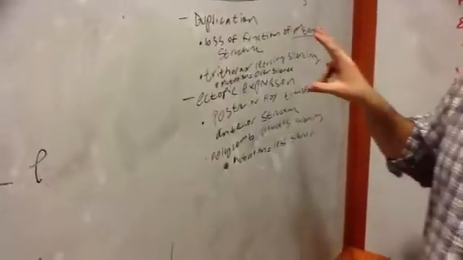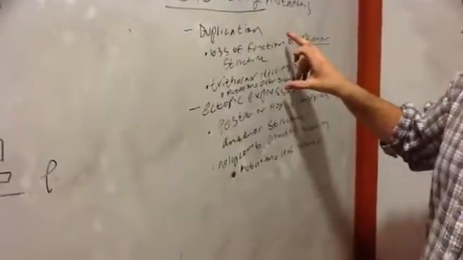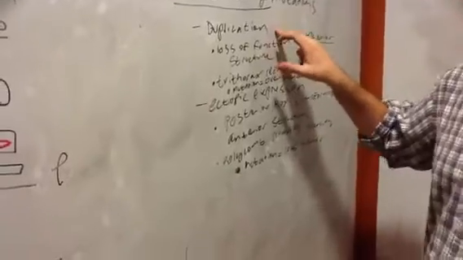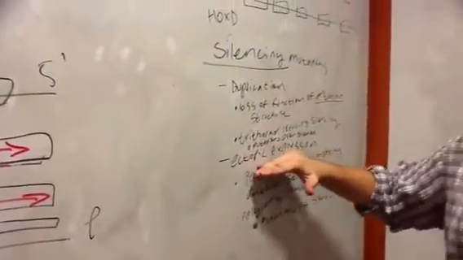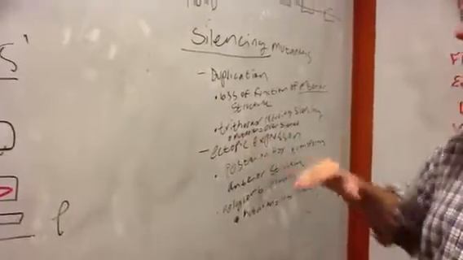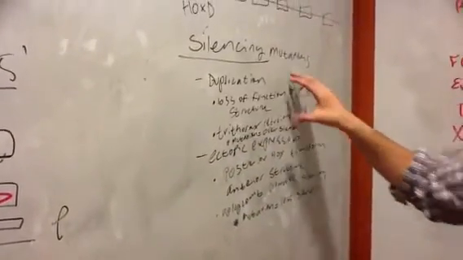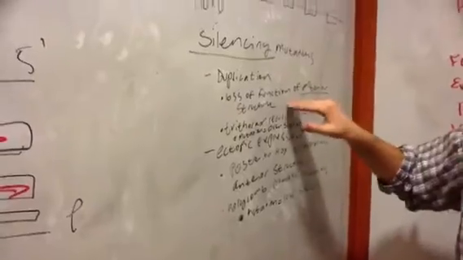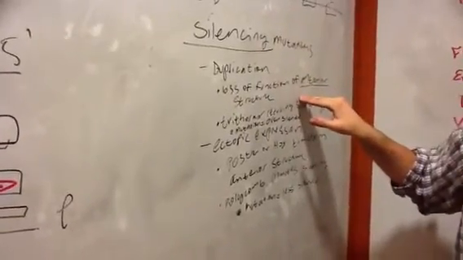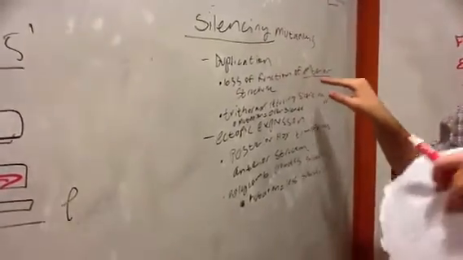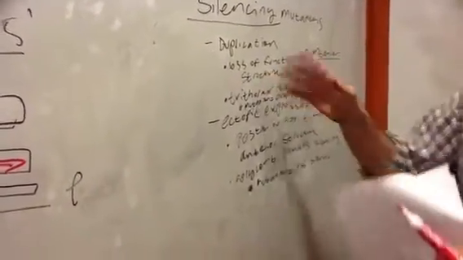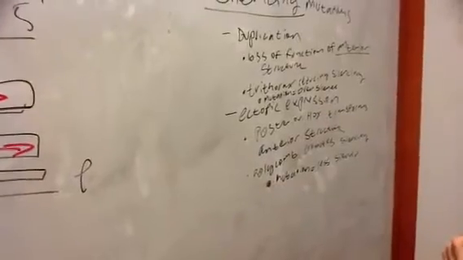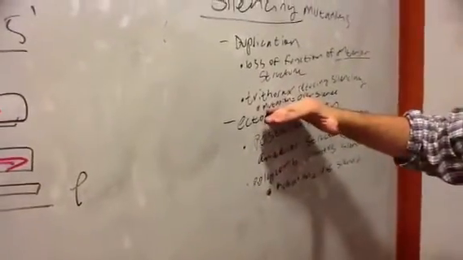There are two classic mutations you can see. One is a duplication of a structure, and the other is an ectopic expression of one of the structures. For duplication, that results from a loss of function of an anterior gene or structure.